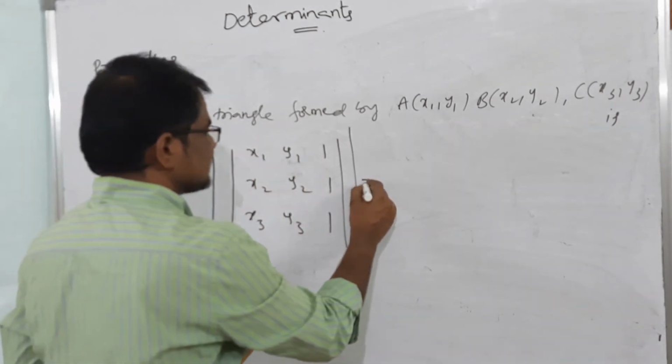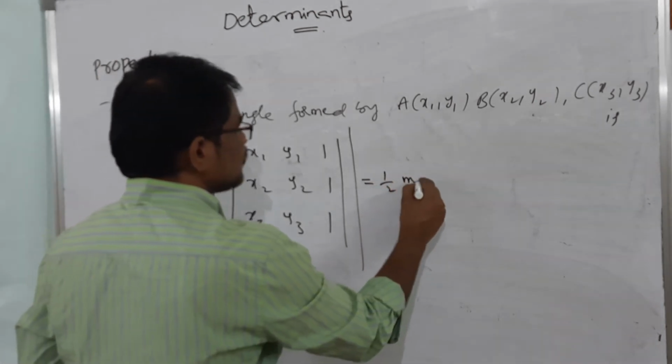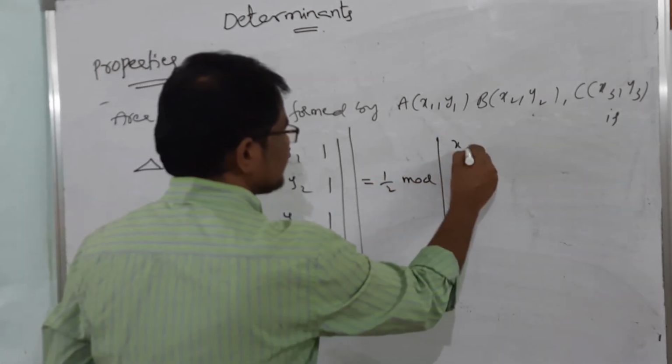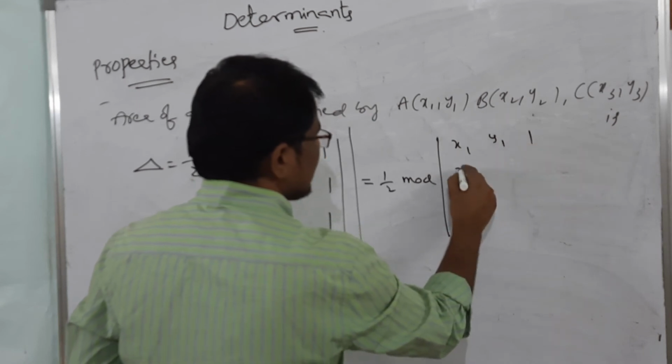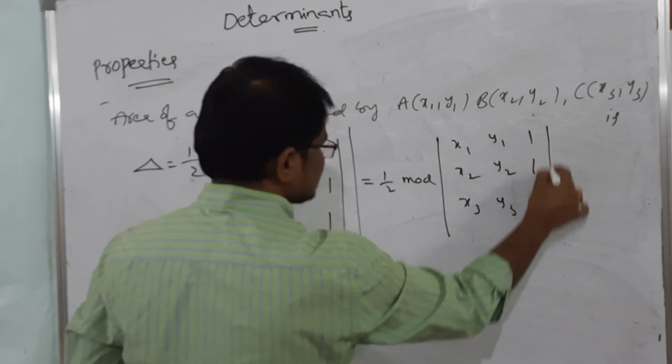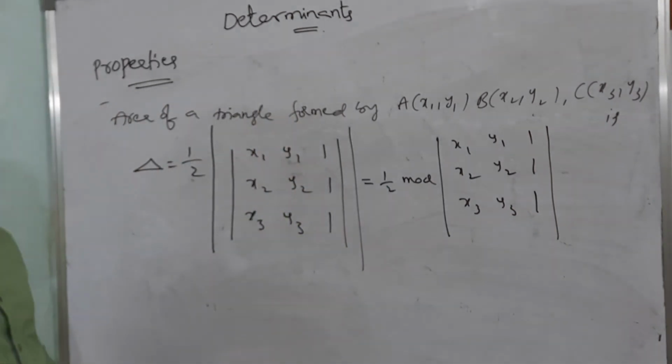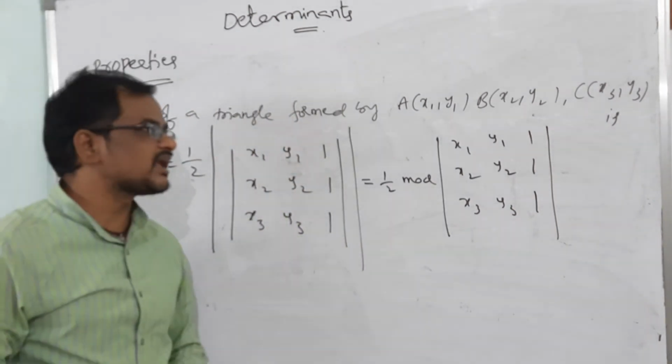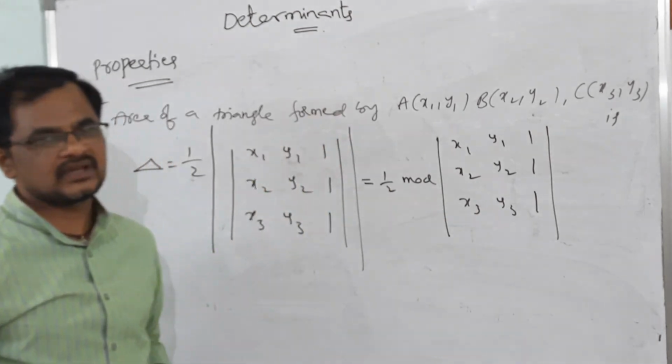Otherwise you can write it like this also: 1 by 2 mod of the determinant of x1 y1 1, x2 y2 1 and x3 y3 1. So by using determinants, this is the formula to find the area of the triangle.